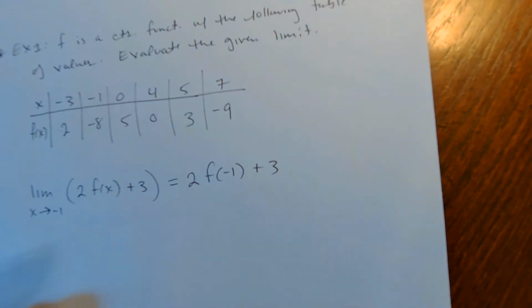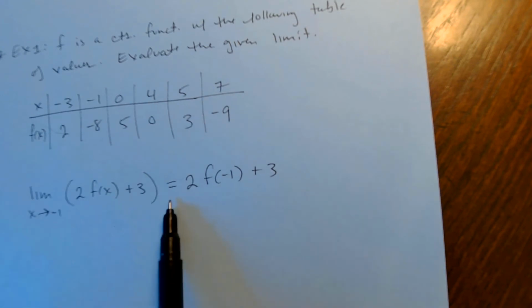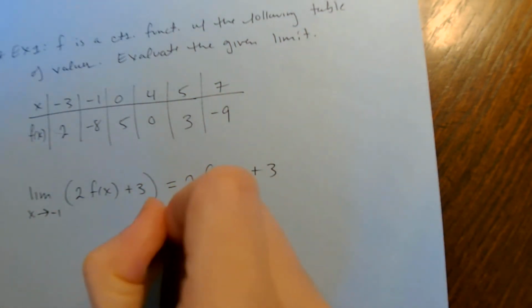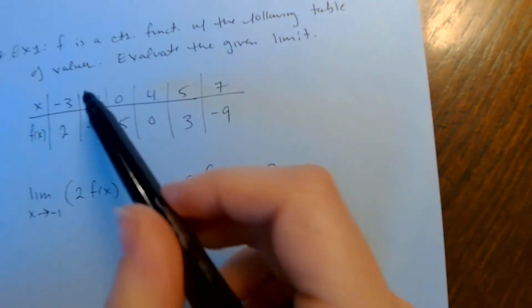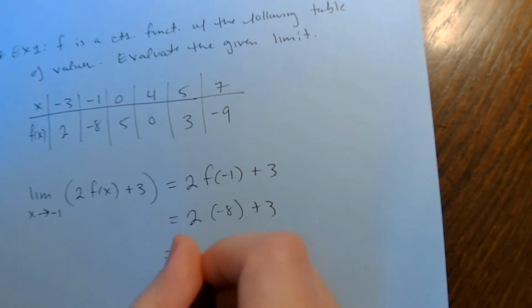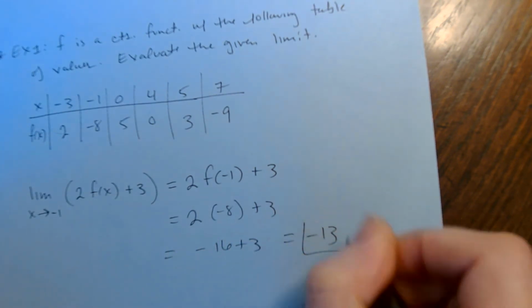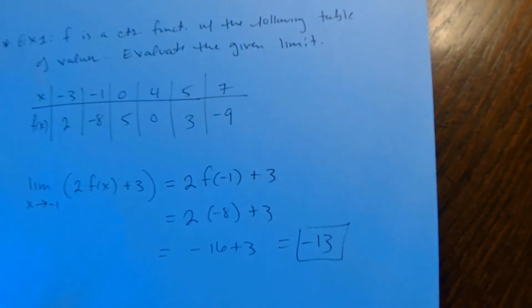I'm dropping the limit. When you direct substitute, the limit is dropped. Okay. So this is equal to 2 times, what is f of negative 1? F of negative 1 is negative 8 plus 3. This is negative 16 plus 3. That's negative 13.